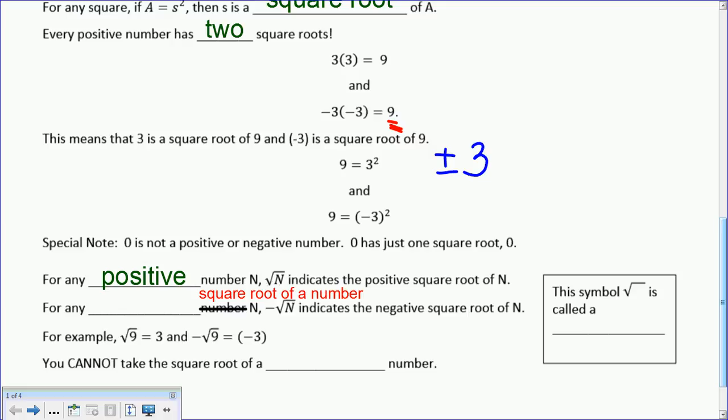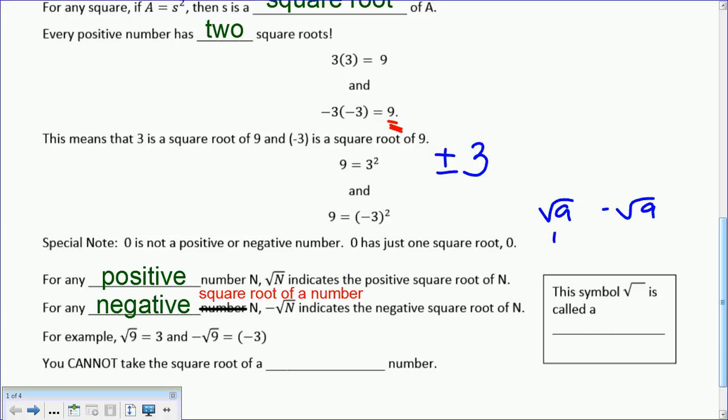All right, so for any negative square root of a number n, you see how the negative is out in front of the square root of n here? That indicates the negative root. So for example, if I did the square root of 9 and this, I got two different answers here, right?